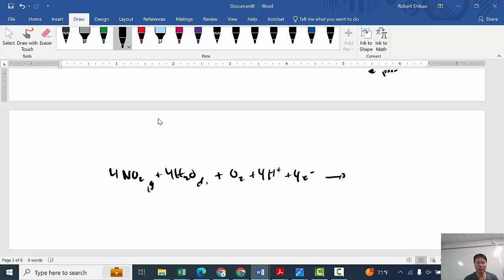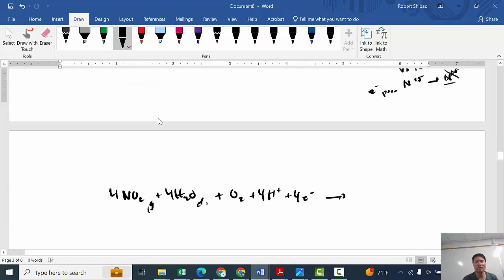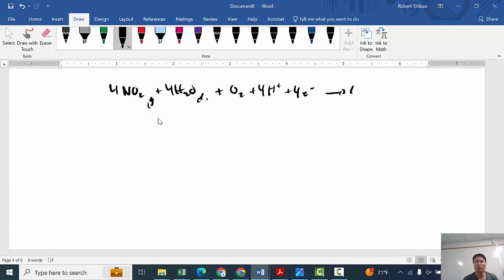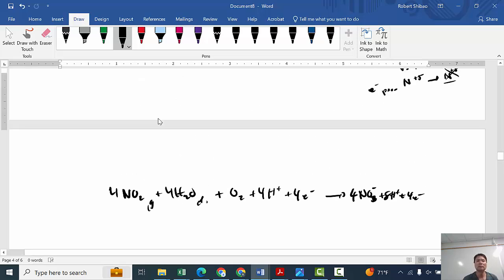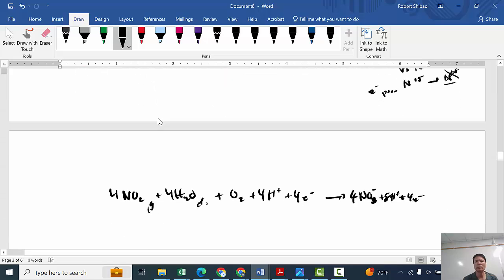Okay, that's everything on the reactant side. Let's combine it with everything on the product side: 4 nitrate, 8 H plus, 4 electrons, and 2 waters.